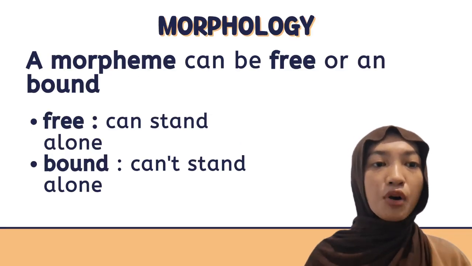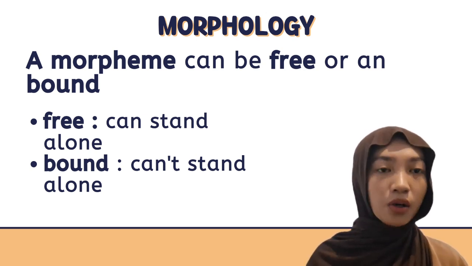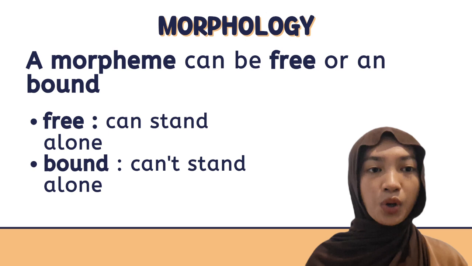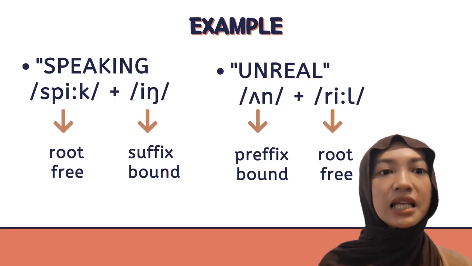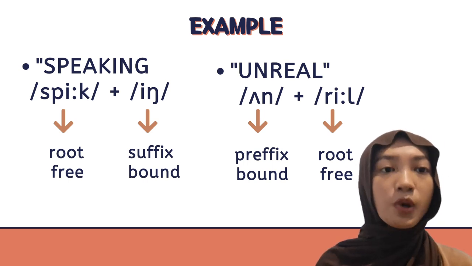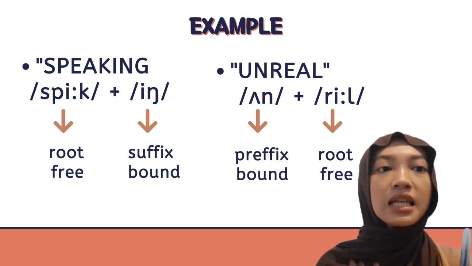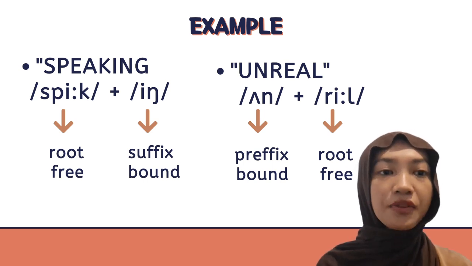And then a morpheme can be free or bound. Free is a word that can stand alone, and bound is a word that cannot stand alone. Okay, for example, speaking: speak and ing. Speak is a free root. It means that speak can stand alone, and ing is a bound suffix.